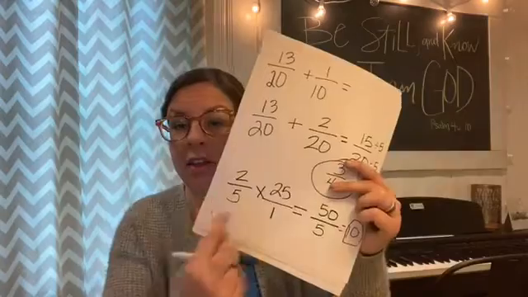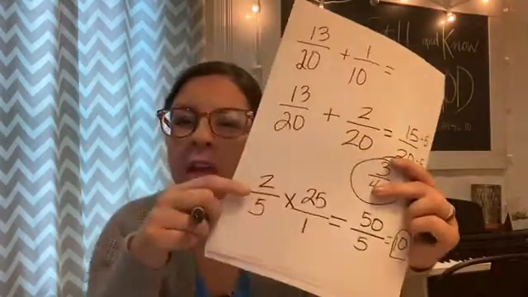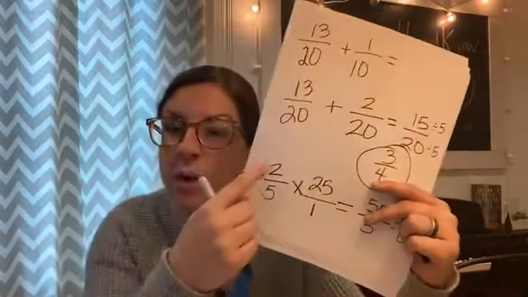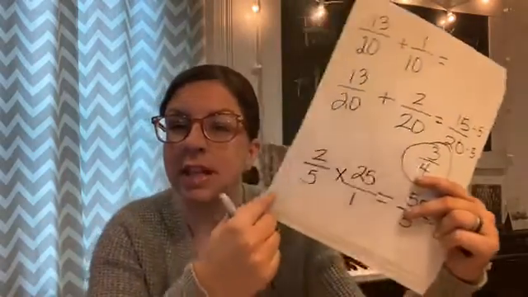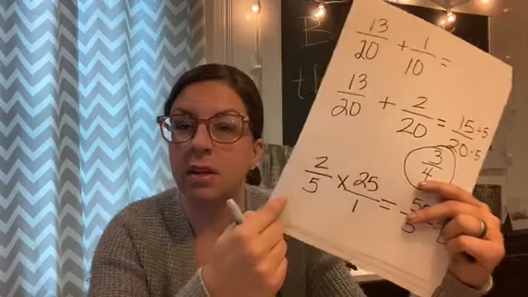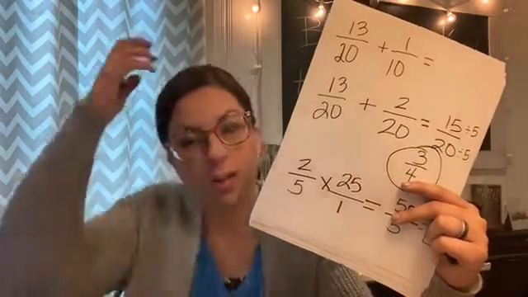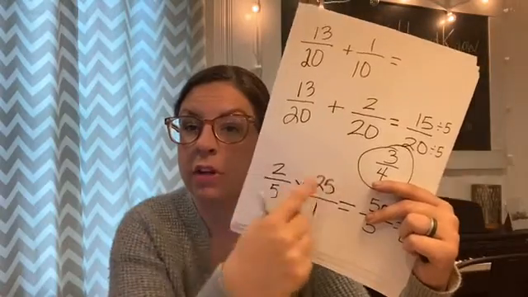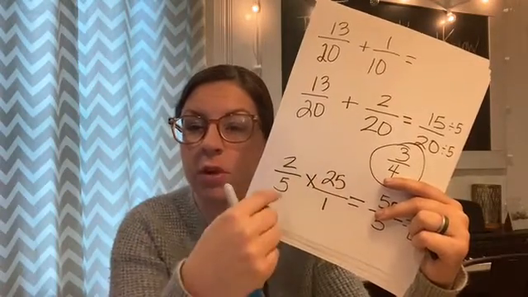Now we're going to do it reducing before we multiply it out. So I have 2/5 times 25. If you look across like an X from each other, if they go into each other, you can reduce them before you even multiply.